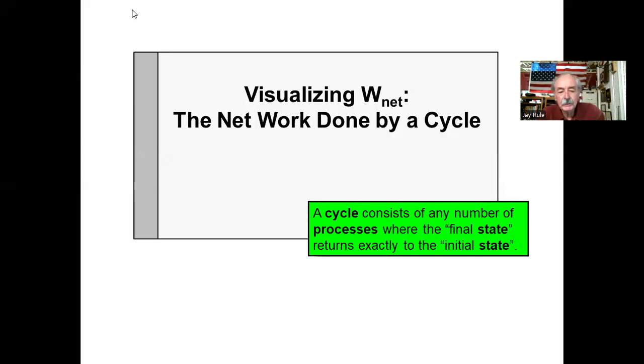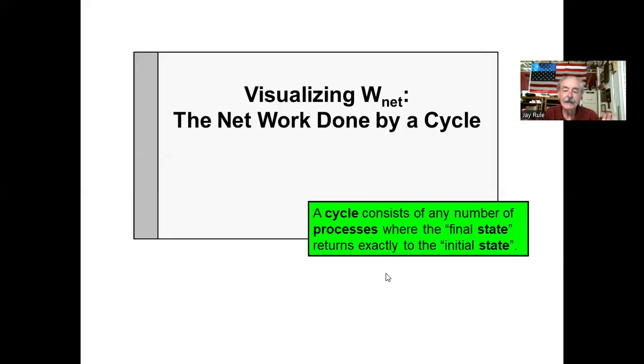So the first thing I'd like to do is take you through an exercise where we visualize the net work done by a cycle. In green text, because I've copied and pasted it from a previous video presentation, it says a cycle, keyword cycle, consists of any number of processes, I'm thinking at least two processes or more, where the final state returns exactly back to the initial state.